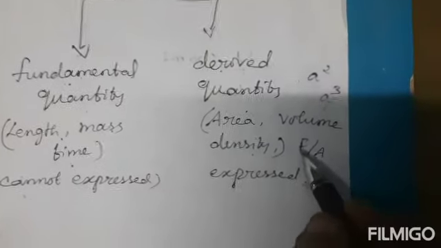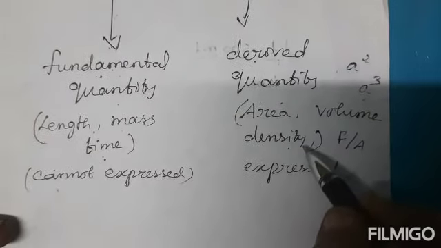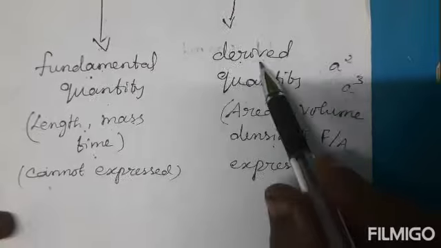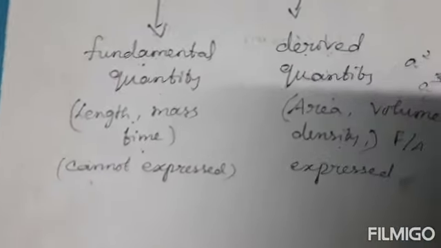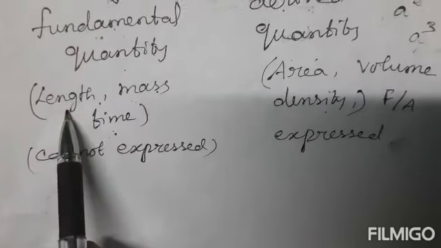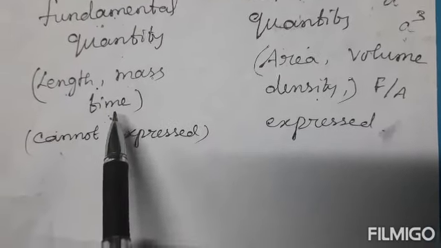By using the formula we can express it, we can derive it. So we will say this is a derived quantity. This fundamental quantity we cannot derive. Why? Length alone, no formula for length. Mass also, no formula for mass. Time also, no formula for time.